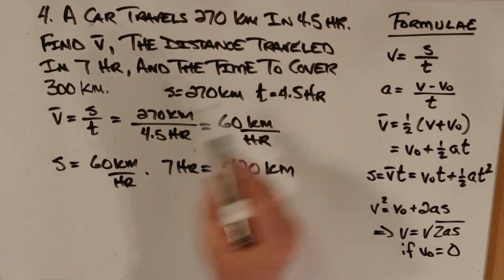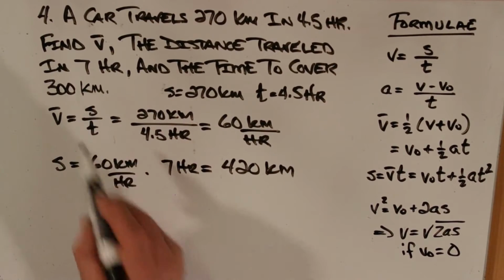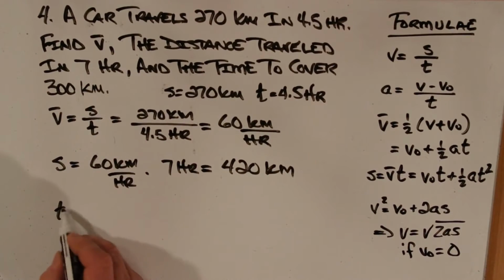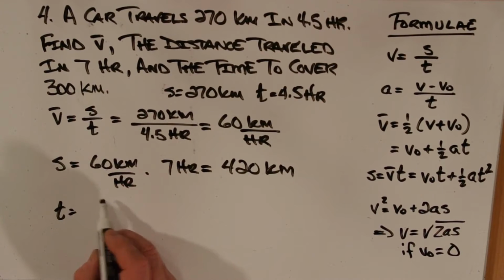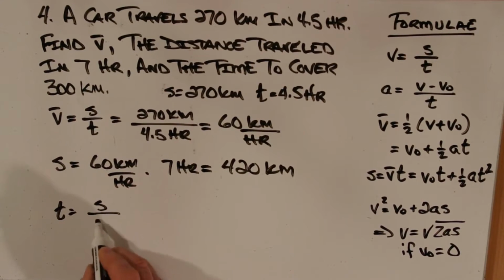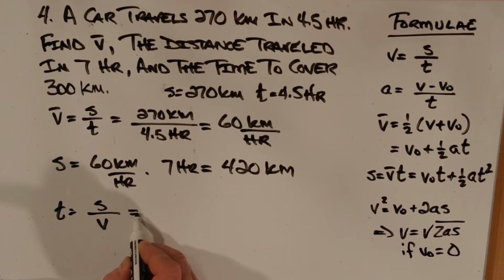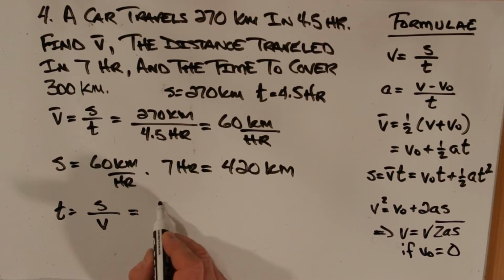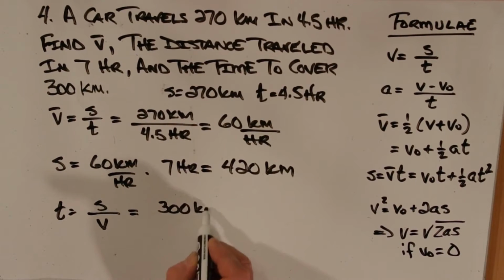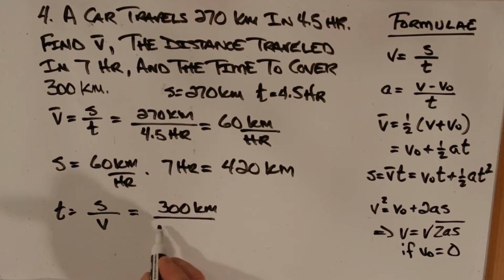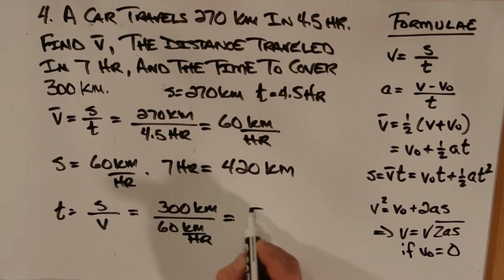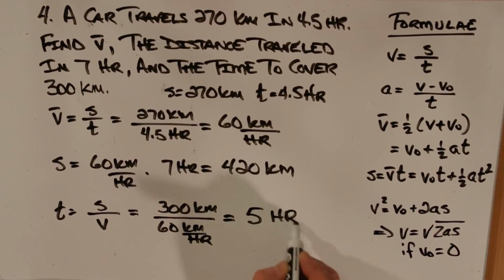The time to cover 300 kilometers will be the distance to be traveled divided by the velocity. So 300 kilometers divided by 60 kilometers per hour, and that will equal 5 hours. And that problem is done.